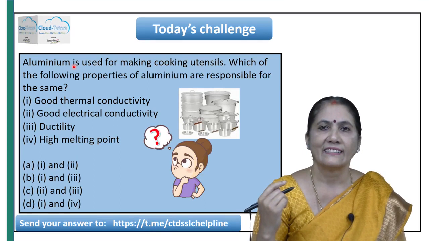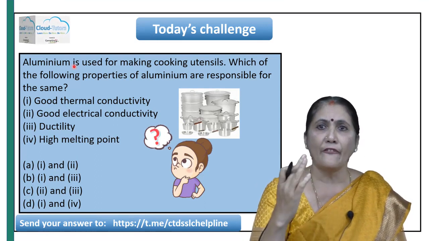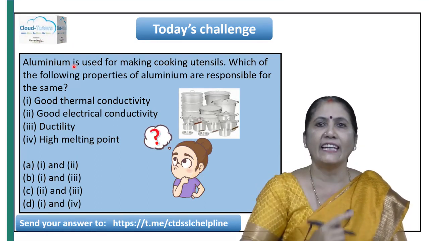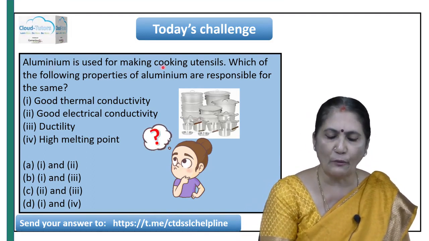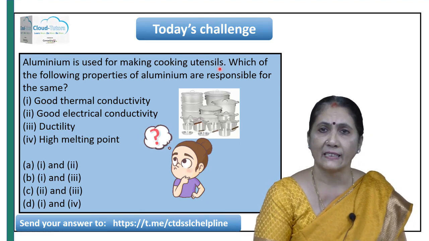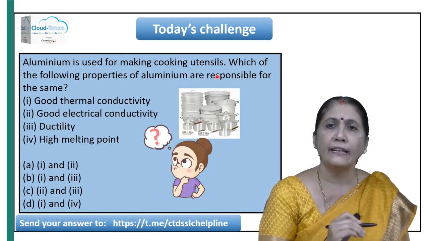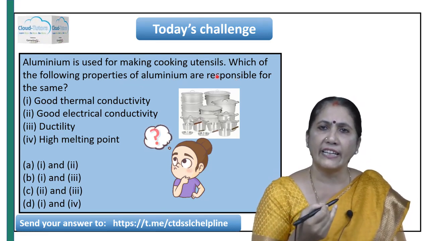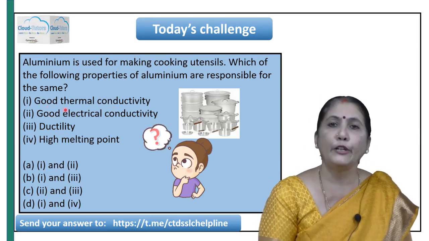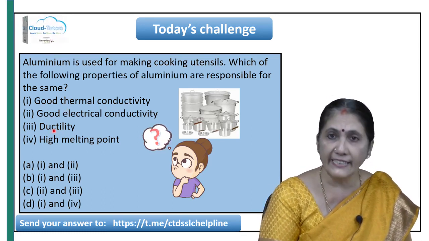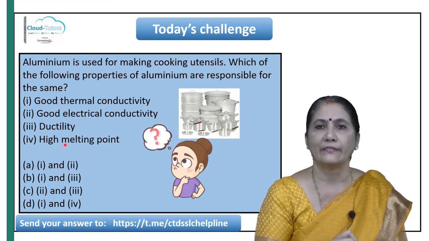Now viewers, you should be good enough to answer today's challenge question. Aluminium is used for making cooking utensils. What is the property which makes aluminium responsible for its utilization in the kitchen as utensils? Is it due to good thermal conductivity, or good electrical conductivity, or ductility, or high melting point?